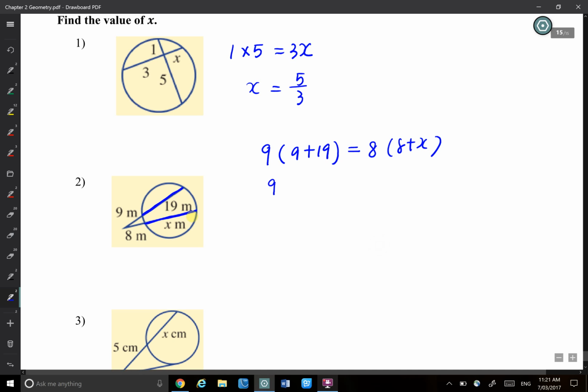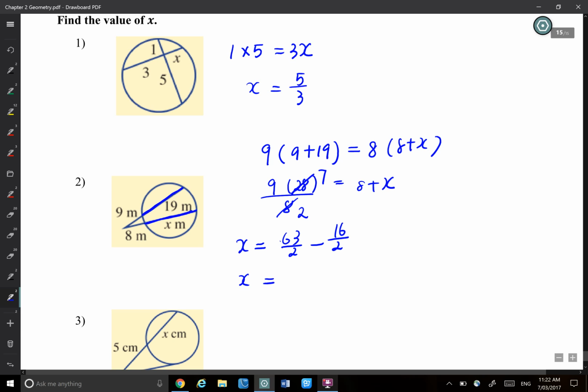And then you have 9 times 28 equals to 8. Let's say that's divided by 8 equals to 8 plus x. So you divide this by 4, you have 2, divide this by 4, you have 7. So minus 8, x will equal to that. 8 is 16 over 2.